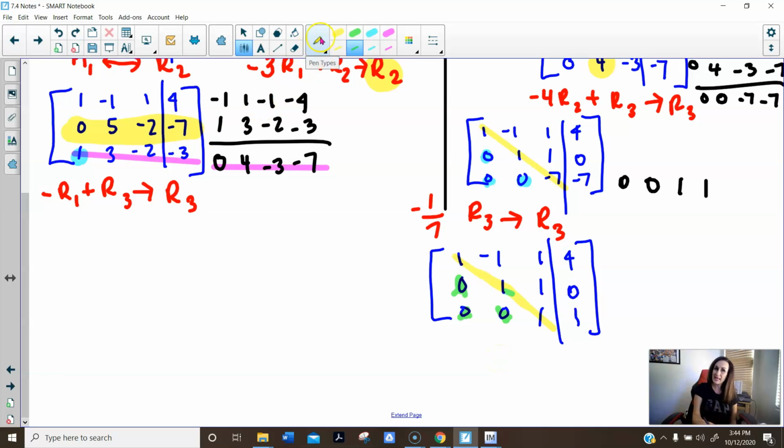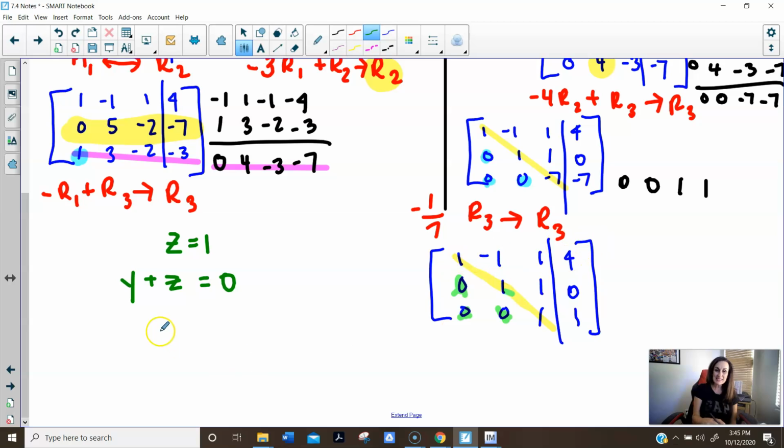And the reason why this matrix is so cool is because 0x, 0y, 1z is telling me that z is equal to 1. And then 0x, 1y plus 1z is equal to 0.